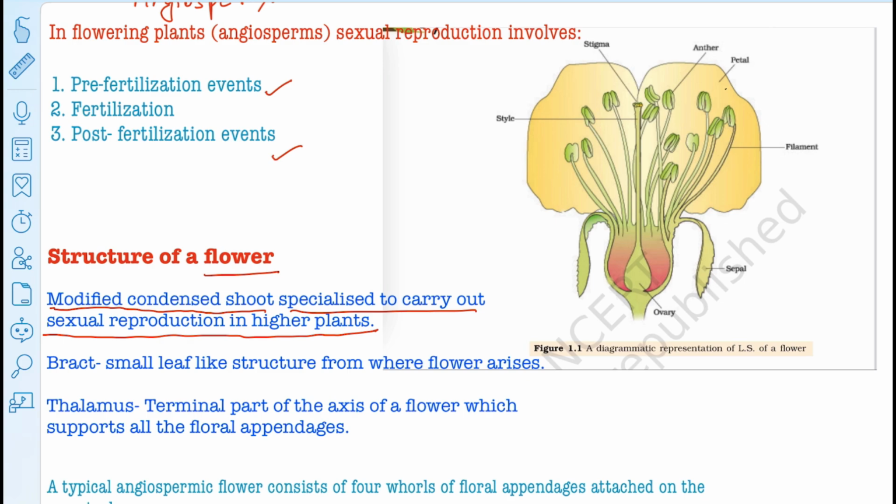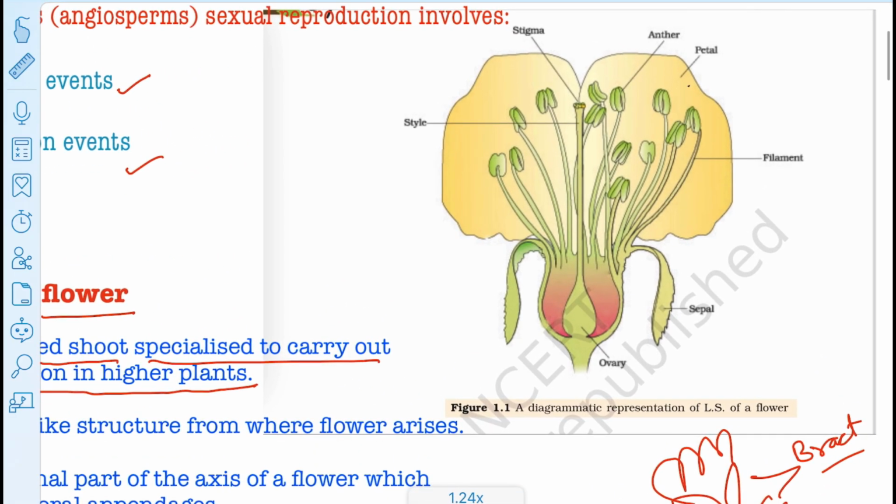A flower arises from a small leaf-like structure called bract. This is known as bract. From here the flower arises.